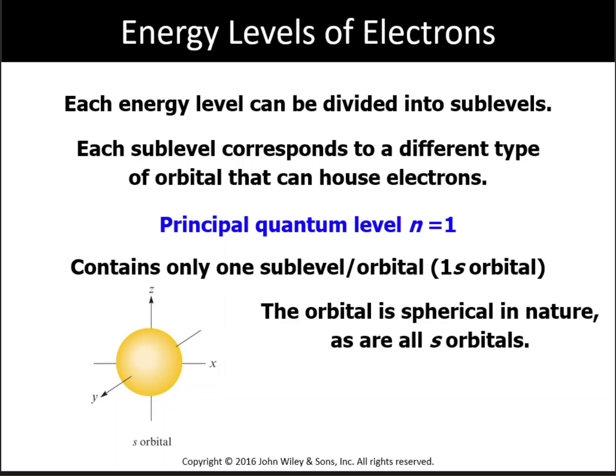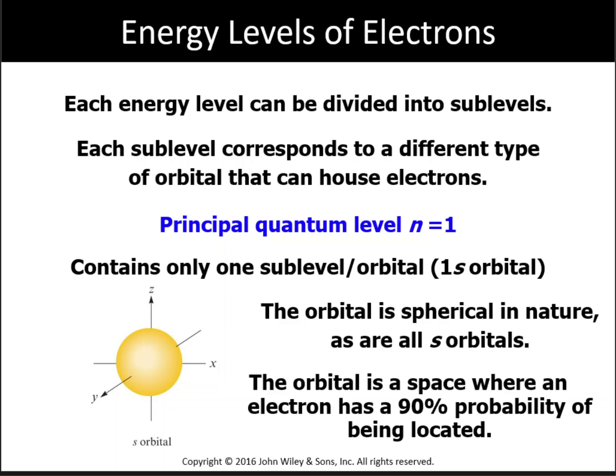So in energy level 1, we can only have one sublevel. That one sublevel is called S. The S sublevel is composed of one orbital, and you can have a maximum of 2 electrons in that one orbital.